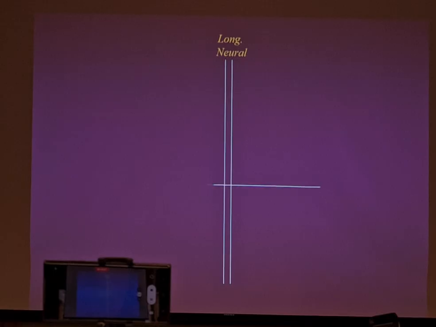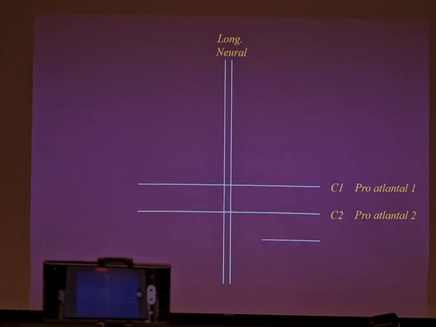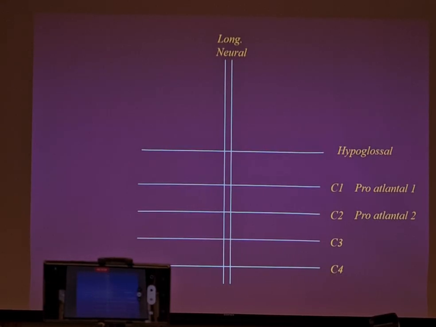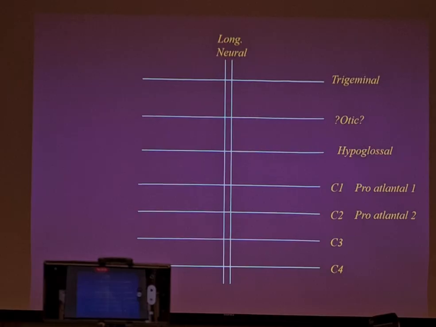So you can make a very nice, simple diagram that I highly recommend you try, to understand this area of variation, by writing down the possibility of the segmental arrangement of the artery that is fed from C4, C3, C2, C1. C1 and C2 are the pro-atlantal 1, pro-atlantal 2, hypoglossal, otic, and trigeminal.